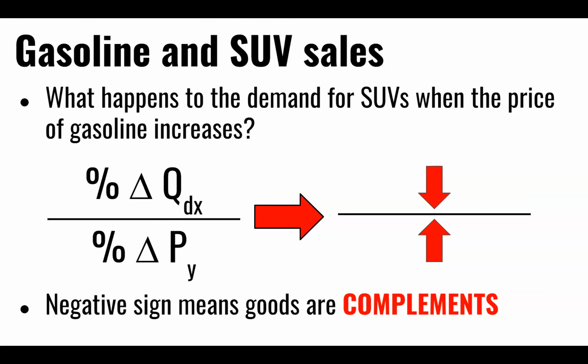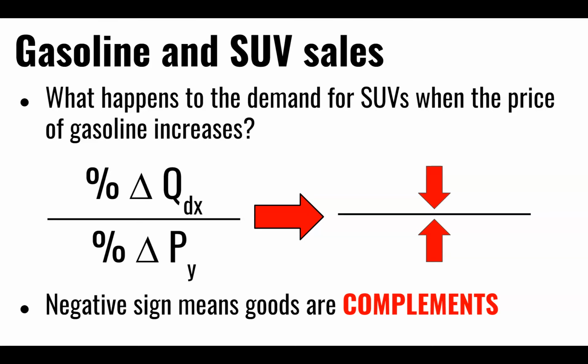We could look at two other products, maybe gasoline and SUVs. What happens to the demand for SUVs when the price of gasoline increases? Well, we could reasonably say that when the price of gas rises, I want less gas. If at the same time I want fewer SUVs, it would seem to indicate that these two products go together, that less of one leads to less of another.